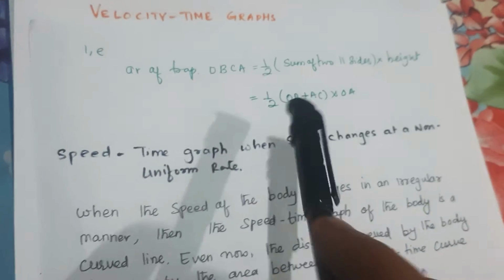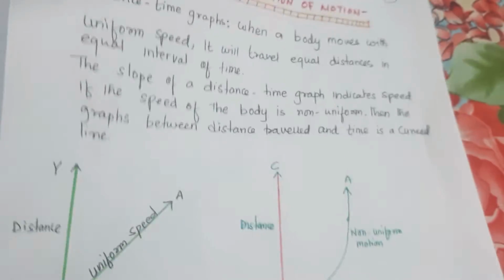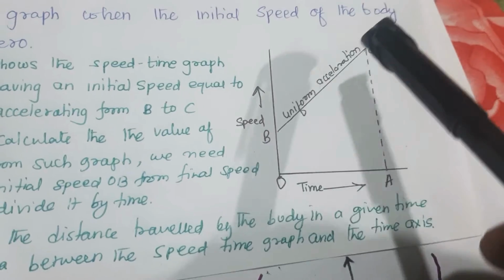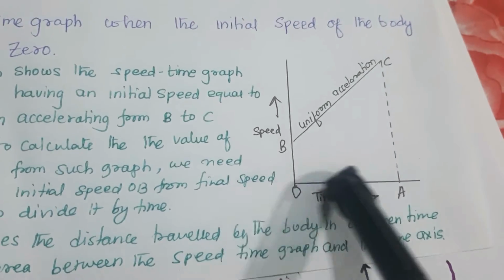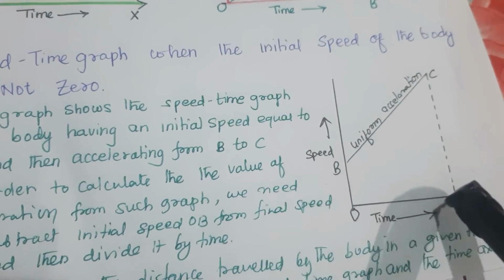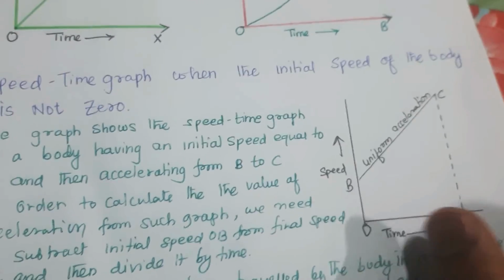That is, half times (OB plus AC) times OA. Let us see once again. OB is parallel and AC is parallel, so OB plus AC, and height is our OA. Height, we take as the perpendicular distance. So this is your perpendicular. That is why we are taking OA as the height.